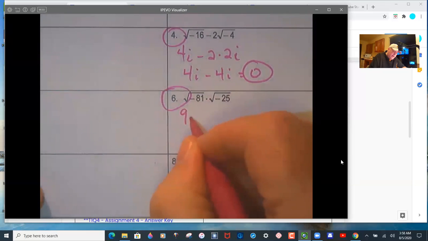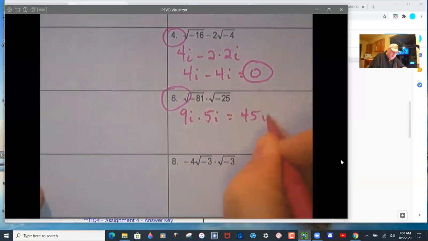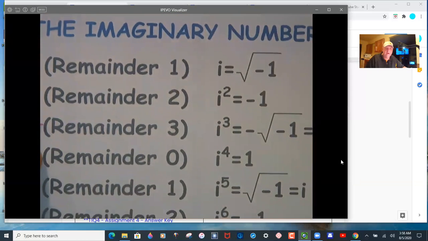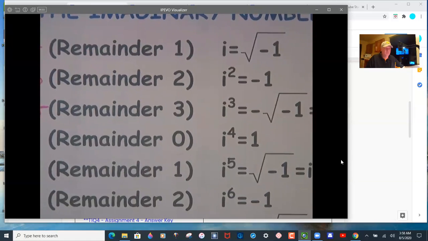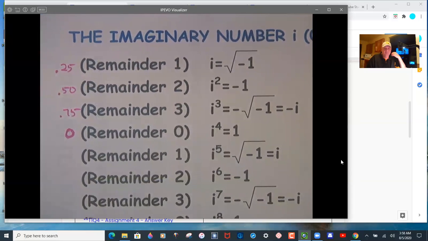So 9i times 5i is 45i squared. Now we have an i squared. What does that mean? i is defined as the square root of -1. That's why we pull that out when we simplify.